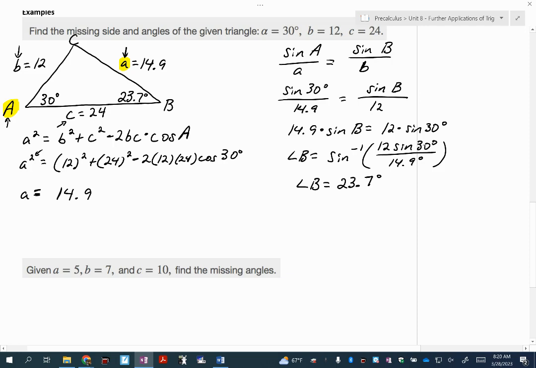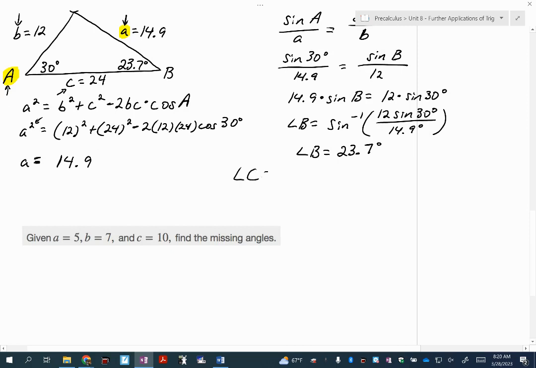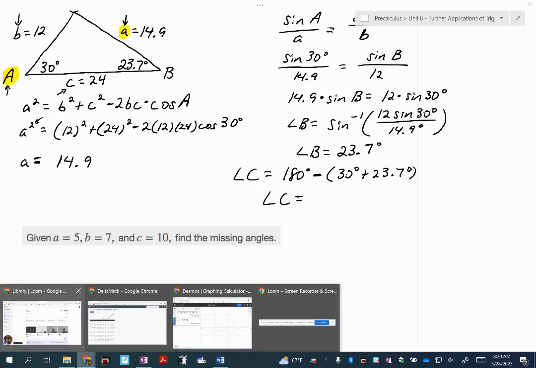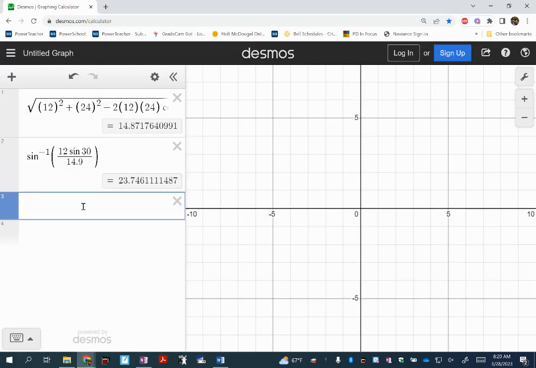So my last part is to get the angle C, which, since now I know 2 out of 3 angles, I can just subtract the sum of the other two from 180. So that will give me angle C. Let's do 180 minus the sum of the other two, which was 30 plus 23.7.